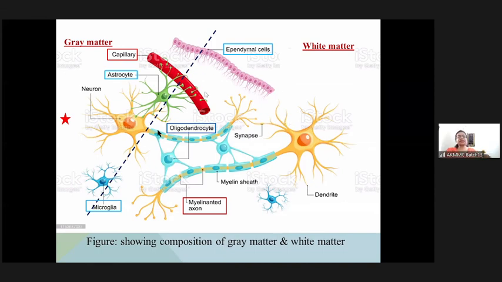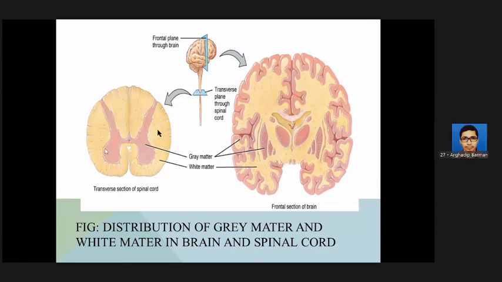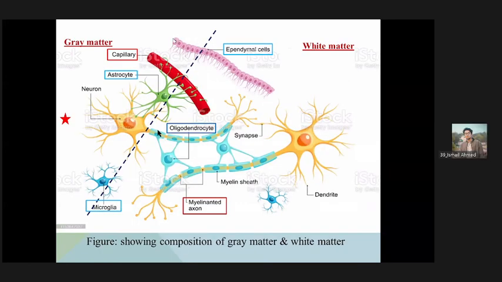Okay, very good. This is a section or slice of the part of the central nervous system. If we take a cut section from here, which contains both gray matter and white matter, under an electron microscope, what is this?